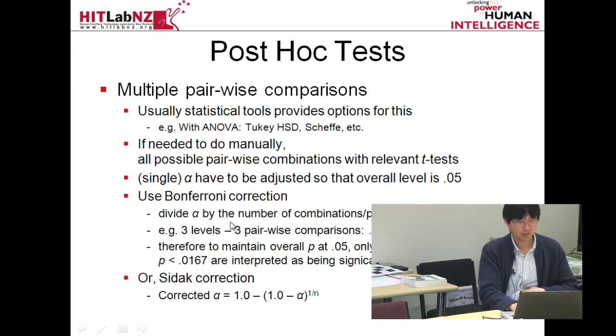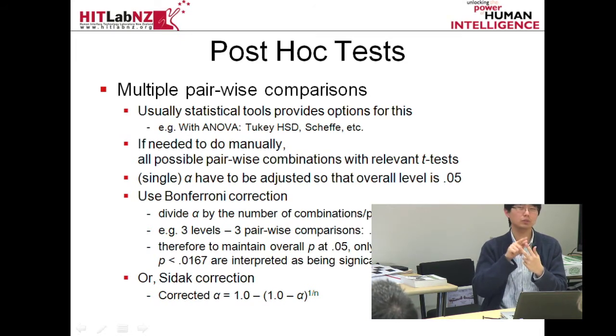Does that make sense? So if you had 3 conditions, then there are 3 pairs. So in that case, for each of the pairwise tests, you'll have to have an alpha level which is 0.05 divided by 3, which is the number of tests you are running.